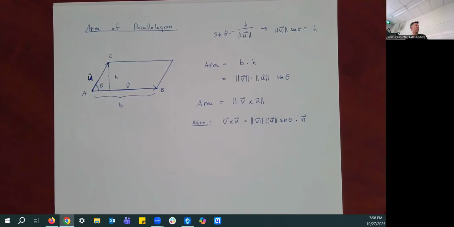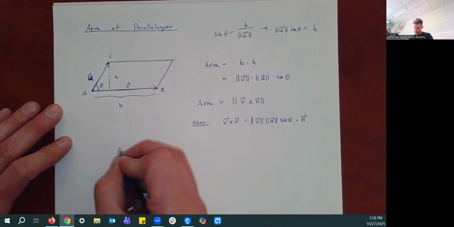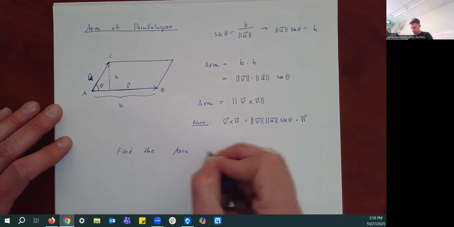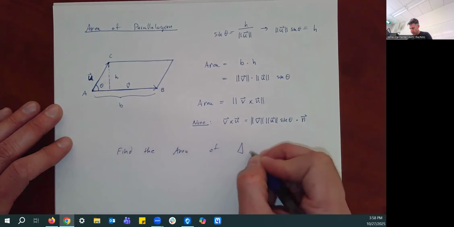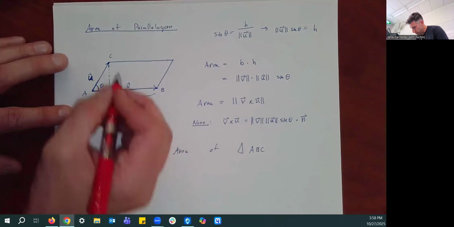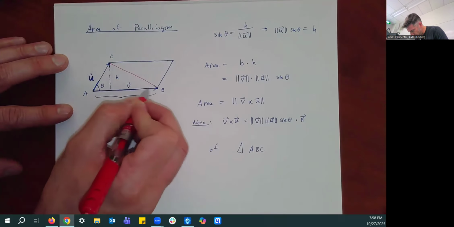So there's a cross product that tells you a thing about a thing. Is it super useful? I don't think so, but maybe it is, and I just don't know. I will say you can also then find the area of the triangle ABC, this triangle here.